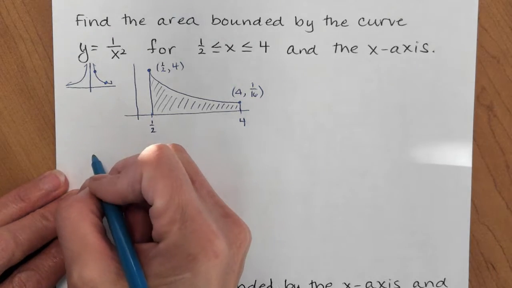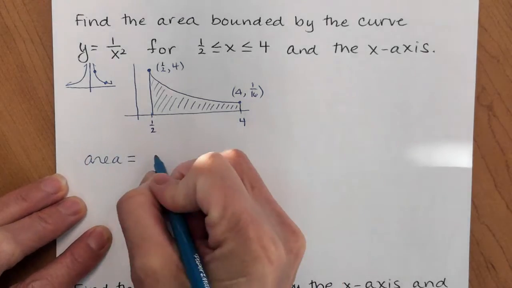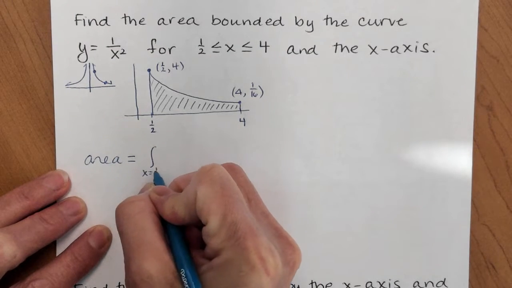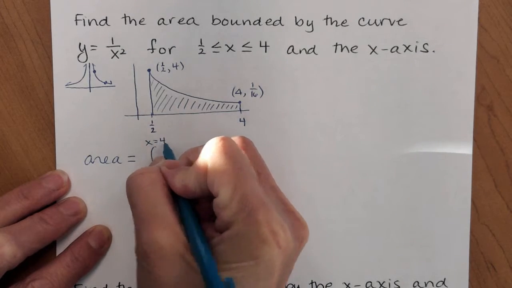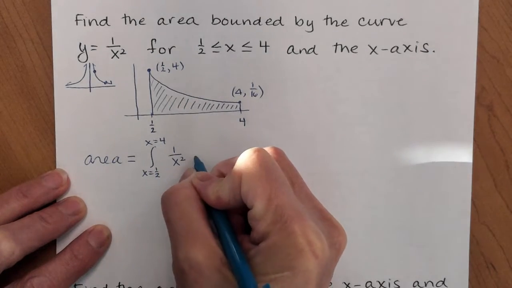So the area of this region is going to equal the integral from x is 1/2, that's my lower limit, to x is 4 of 1 over x squared dx.